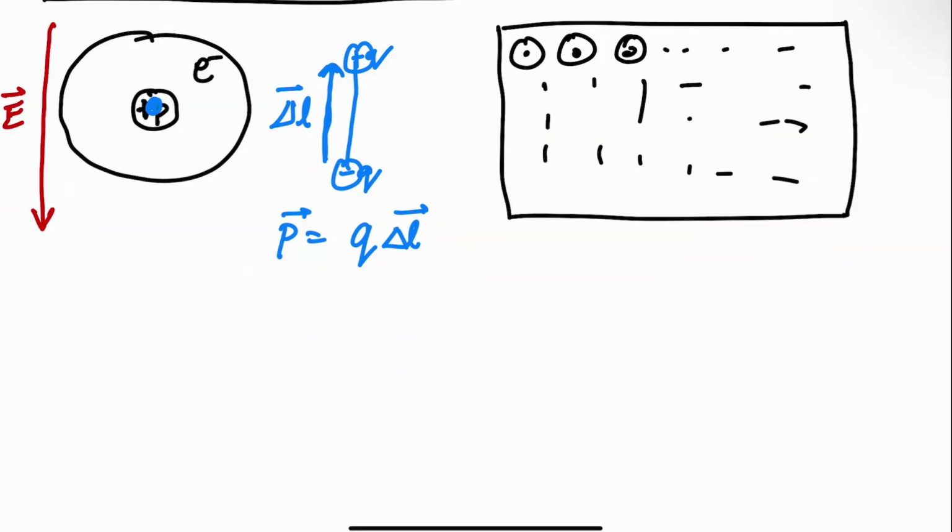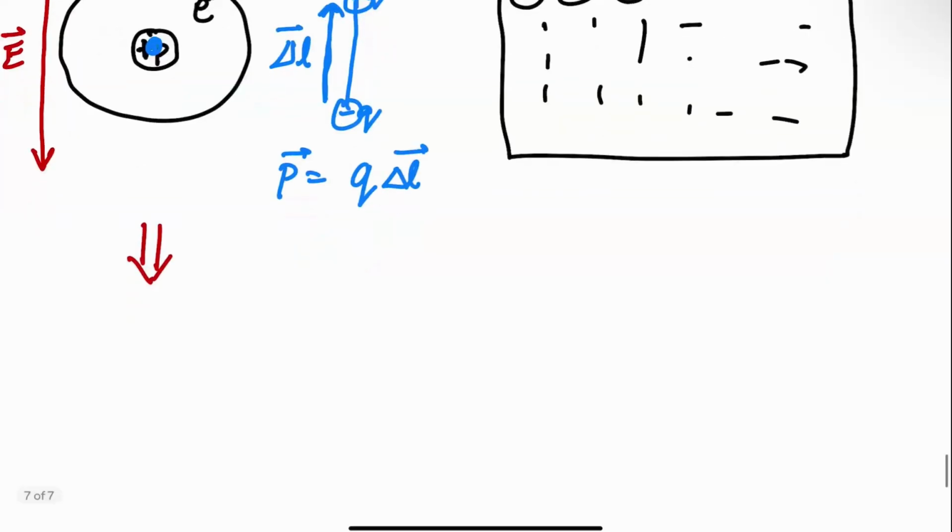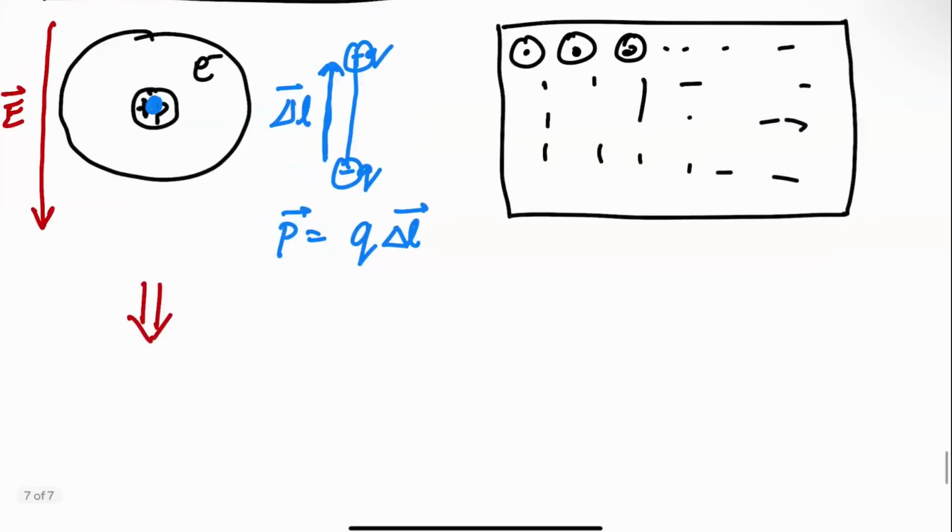What happens is that these electrons or this negative charge is pulled in this direction, right? And this positive charge is pulled in this direction. And because electric field goes from, let's say, positive to negative potential, right?